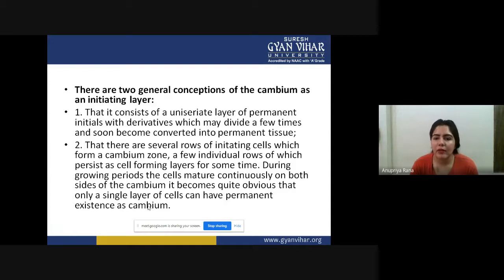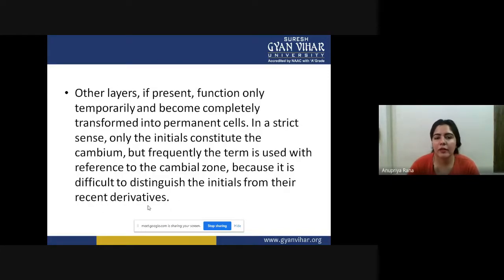One says there will be one layer that initially behaves like meristematic tissue and afterwards forms the permanent tissue. The second concept says there are many layers, and some of these behave like dividing cells and some get maturity, but only one layer finally behaves like the permanent tissue, that is, the cambium. So these are the two concepts given by several scientists.